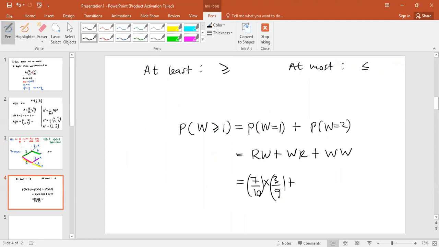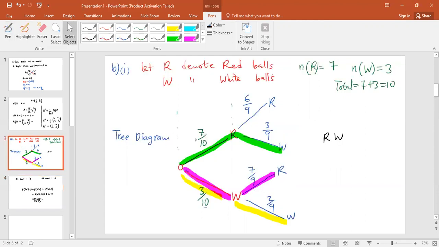Plus, so this 7/10 is coming from this 7/10 when we went red, then white. So 7/10 times 3/9, that's where it's coming from. Then we go on the purple one. We have white, which is 3/10, then red 7/9.